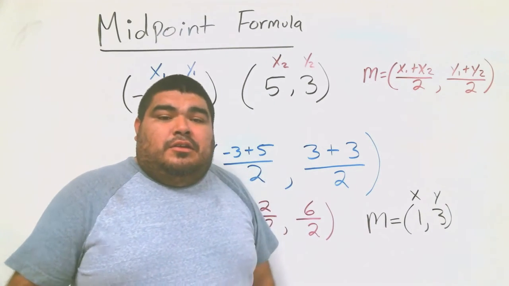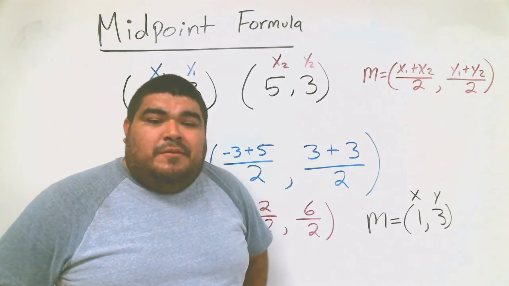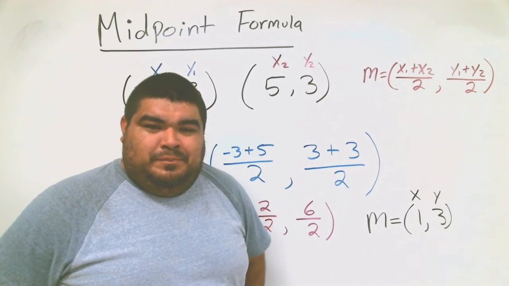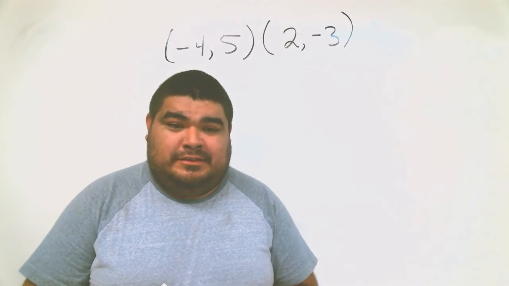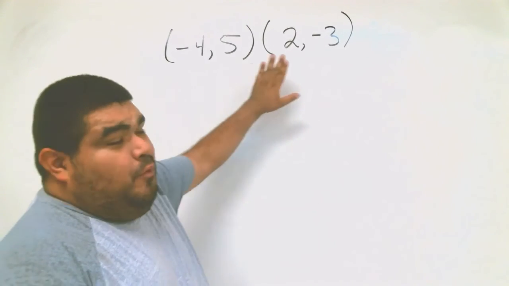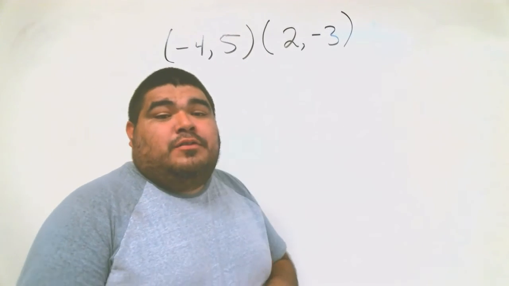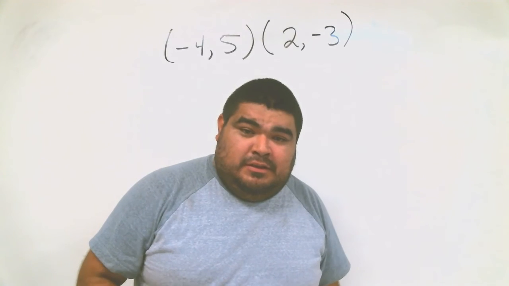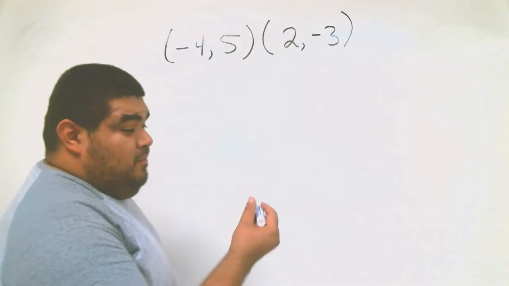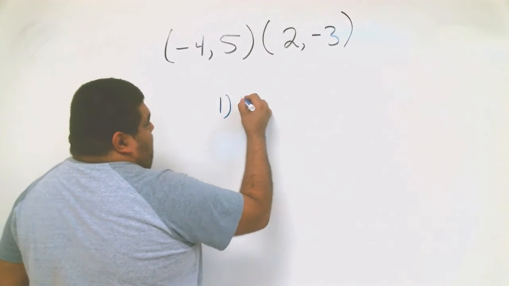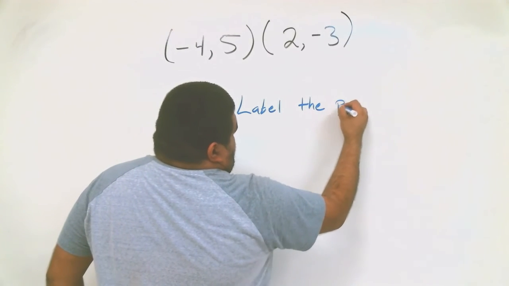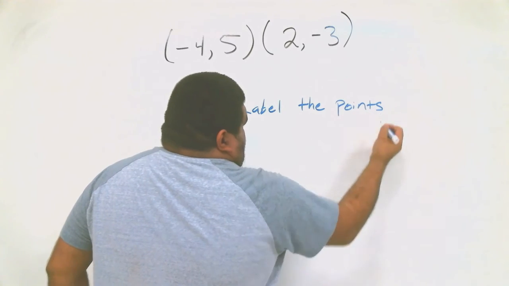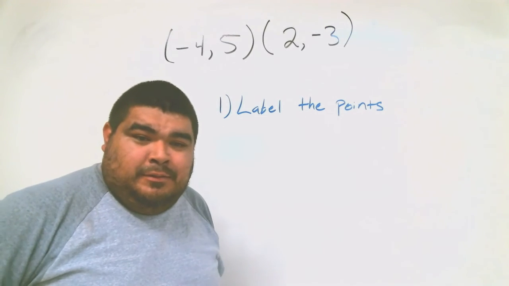Okay? So here's your assignment for today. All right, guys, your assignment for today is, notice that 2 points here, okay? The first thing you have to do is you have to label them. That's number 1. All right, so label the points.